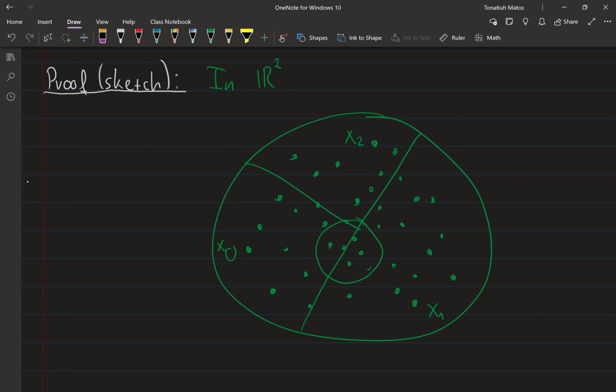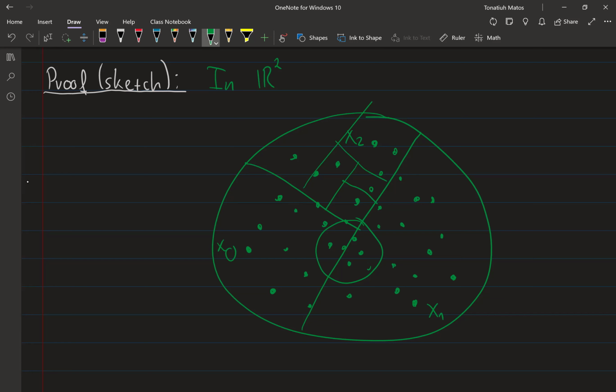But if the lion only visited each half finitely many times, that means that the lion visited a total of finitely many points because there are just two halves, right? But that is not true. Sequences are infinite. They're allowed to repeat infinitely. They are allowed to repeat the same point many times, but they can never stop. So you keep doing this, and you always pick the half that contains infinitely many points.